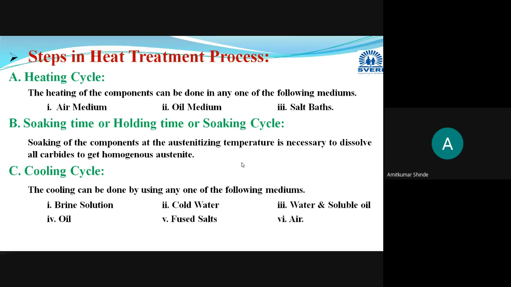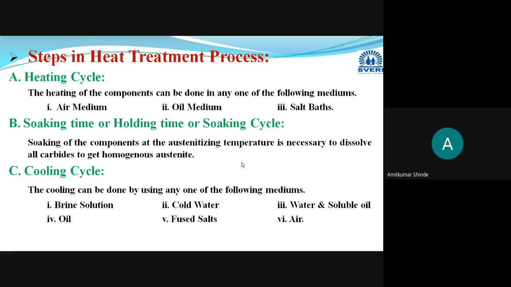Then the second is the oil medium. We can use the oil medium for heating. Here oil medium heating is fast and uniform. But what is the problem here? You will not be able to achieve the higher temperature ranges. Only temperatures of 200 to 300 degrees Celsius can be achieved with the help of oil medium.